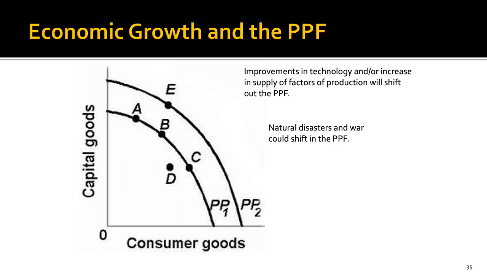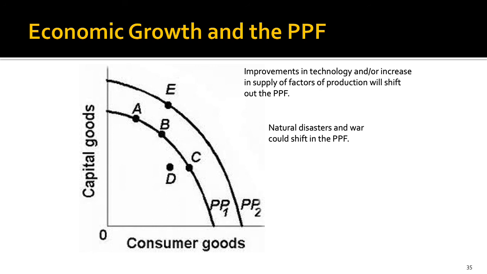The last concept we're going to look at in this section is economic growth and the PPF, and how it's illustrated. The way you illustrate economic growth in the PPF is, if we had two goods, Y and X, and here's some production possibility frontier for the two goods, the way we show economic growth is by an outward shift of the production possibility frontier.